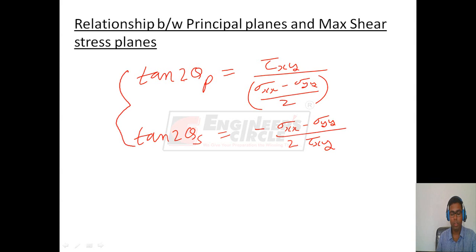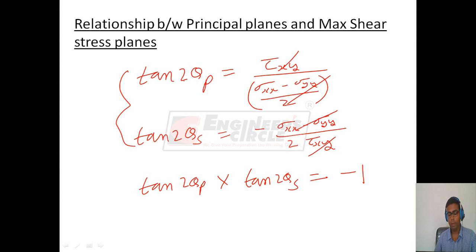If we multiply both these, we get tan 2 theta p into tan 2 theta s equal to minus 1. These terms will cancel out, so we will get minus 1.